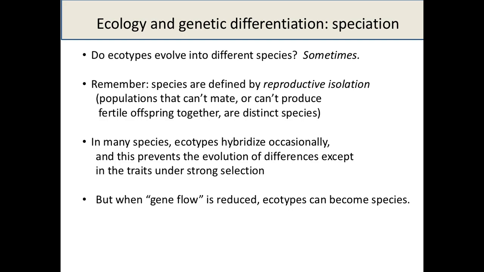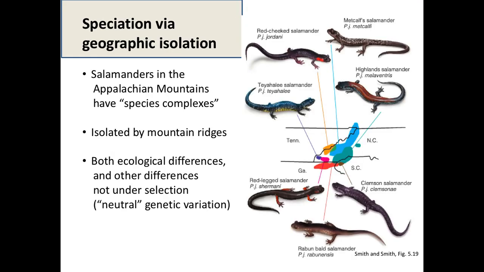To split from ecotypes, we need to have genetic isolation. We need to reduce gene flow between different populations, between different ecotypes. And this can happen through geographic isolation.